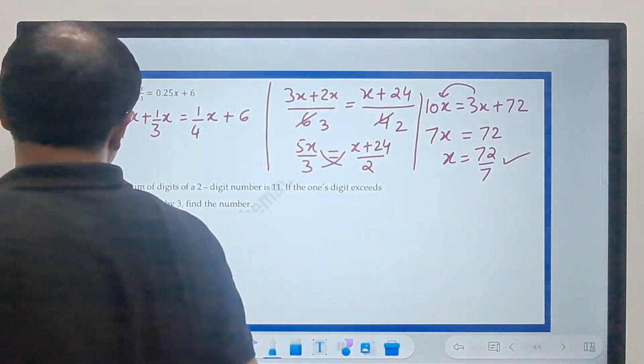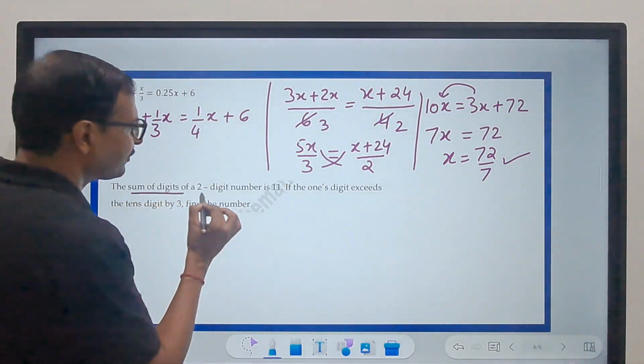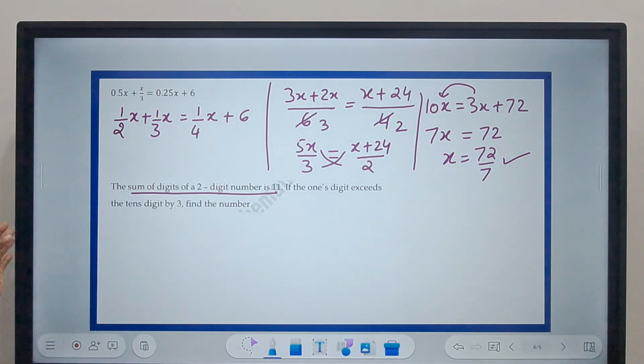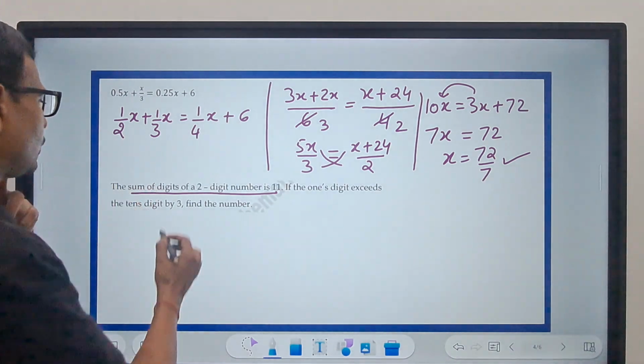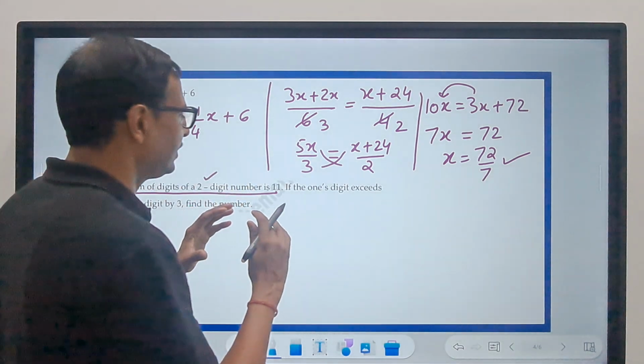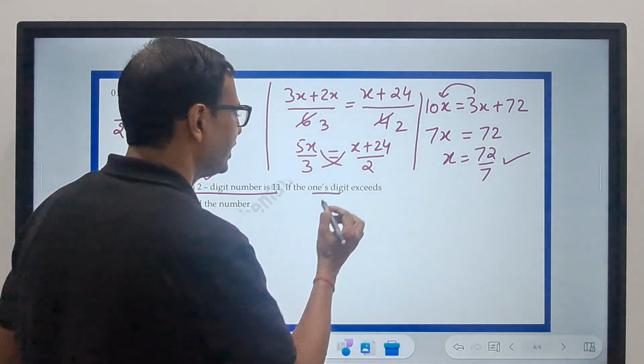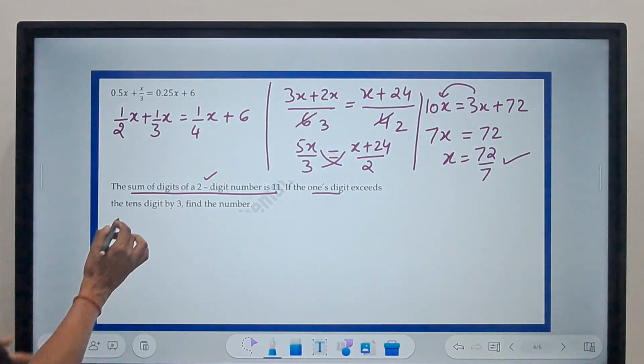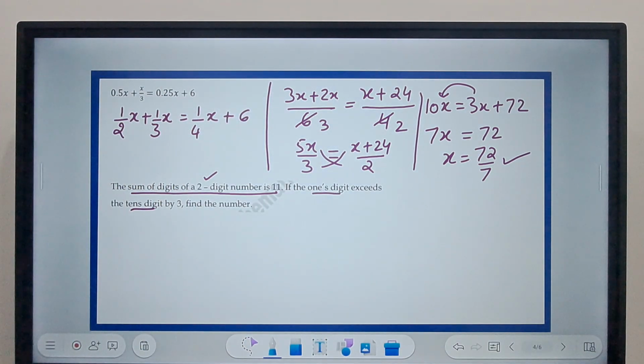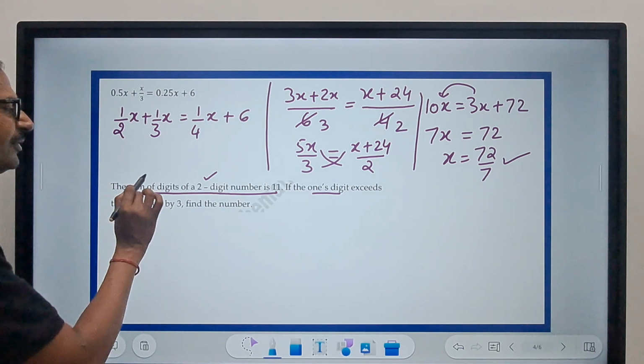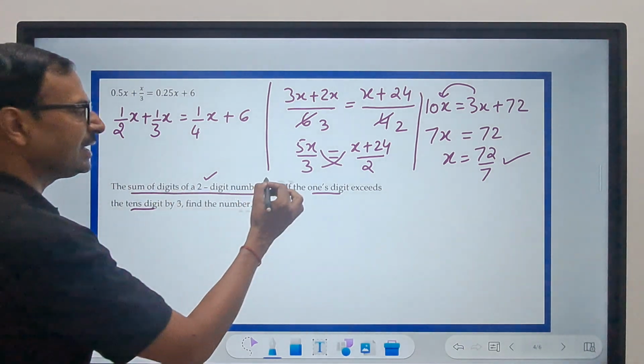Let's see another one. The sum of digits of a 2-digit number is 11. So whenever you have a 2-digit number, obviously it has a unit place or the ones digit and the tens digit, right? So if you see here, the sum of digits is 11.